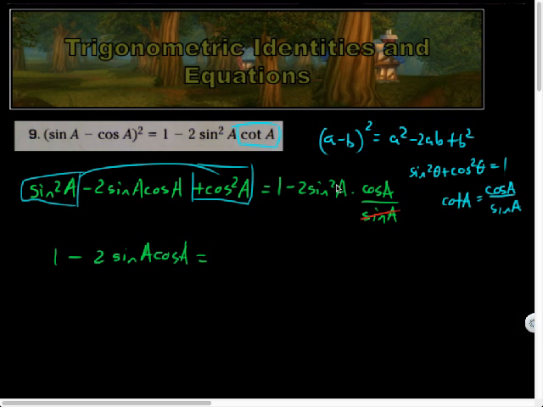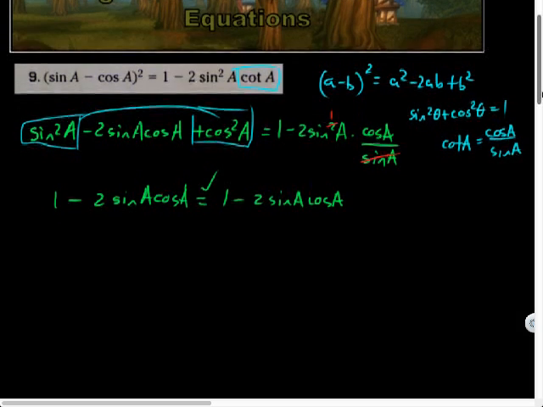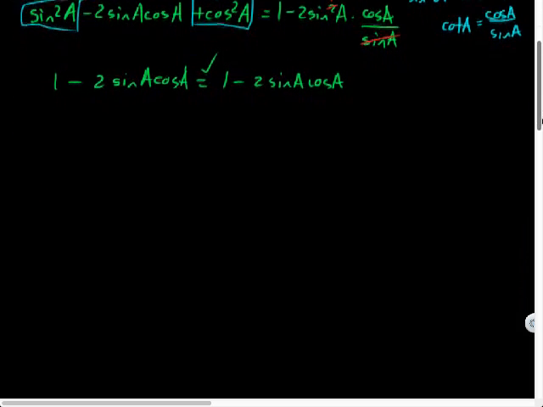This sine A cancels with one of those, leaving 1 behind. So I'll have 1 minus 2 sine A cos A, and that sounds verified to me, friends. Some algebra showed up, and then two identities. Those were the skills required to do number 9.